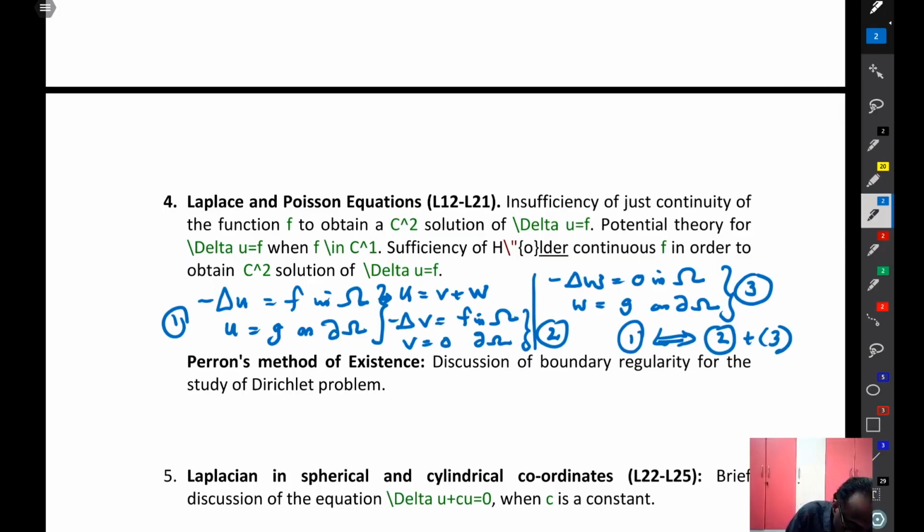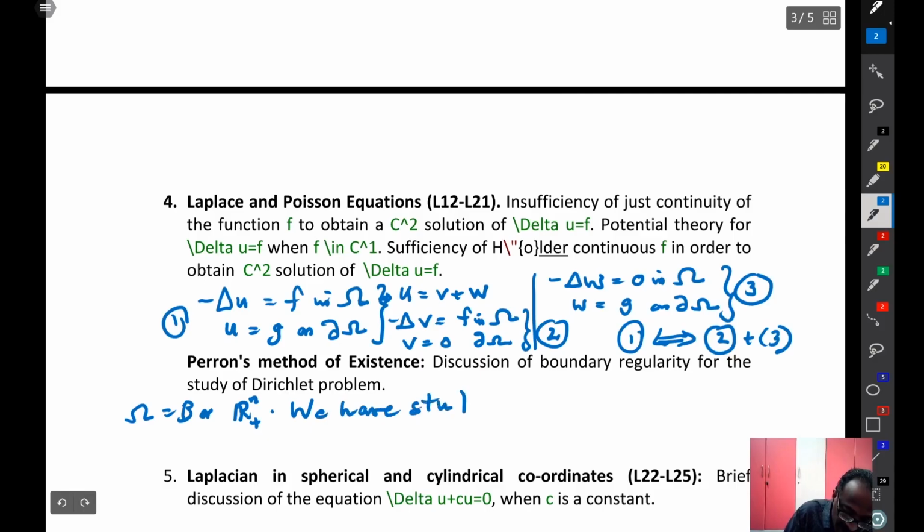So when omega is a ball or upper half plane, we have studied equation 3 in course 1, in the PDE 1 course. So what we will do is existence and uniqueness, not in full discussion, existence and uniqueness.